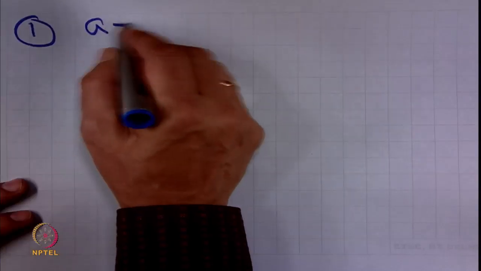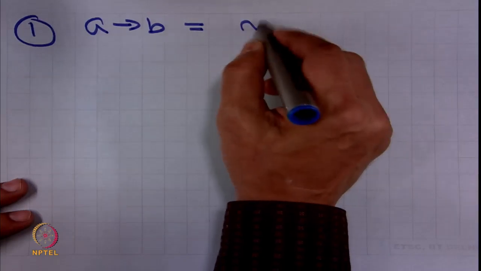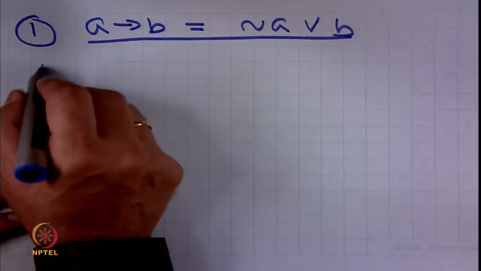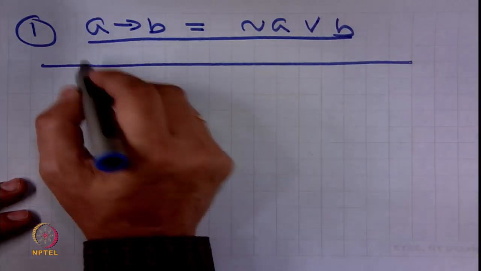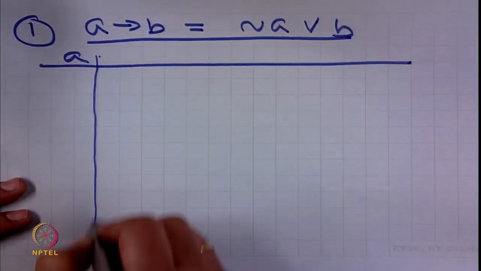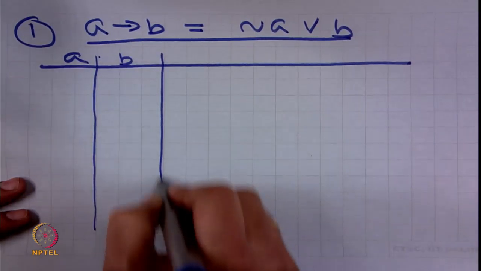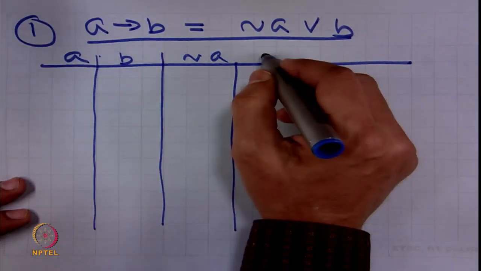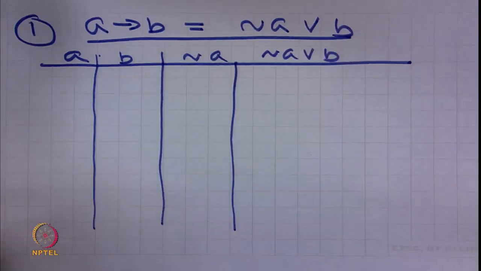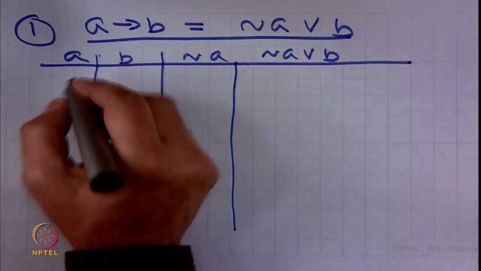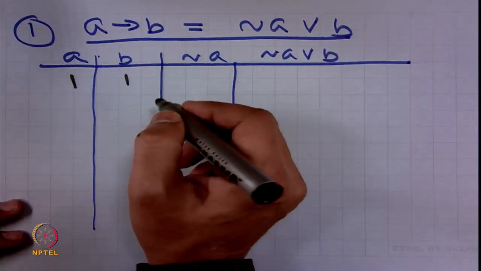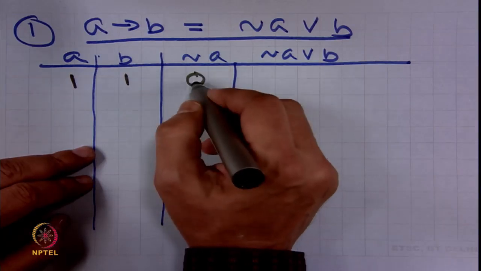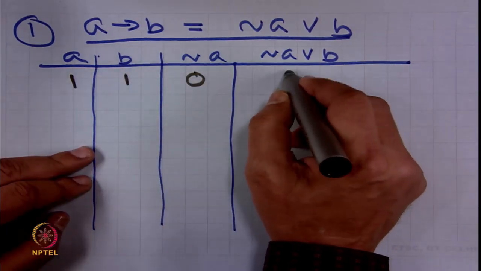1, A implies B is equal to not A or B. So, we have A, B, not A, not A or B. Let us see with respect to the 4 pairs: if A is equal to 1, B is equal to 1, not A is equal to 0, therefore, not A or B is equal to 1.